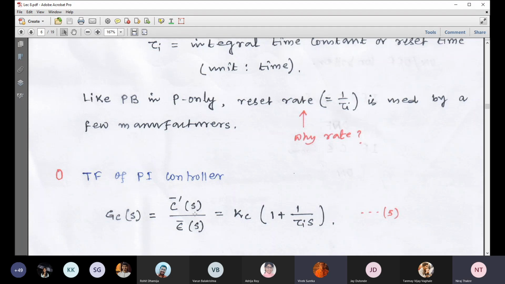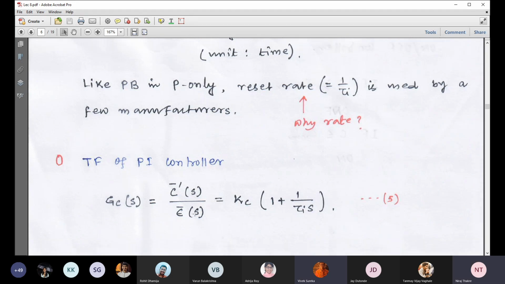Did you get this expression or no? Yes, sir. How? Can you elaborate how you got this expression? Hello. Okay, fine.